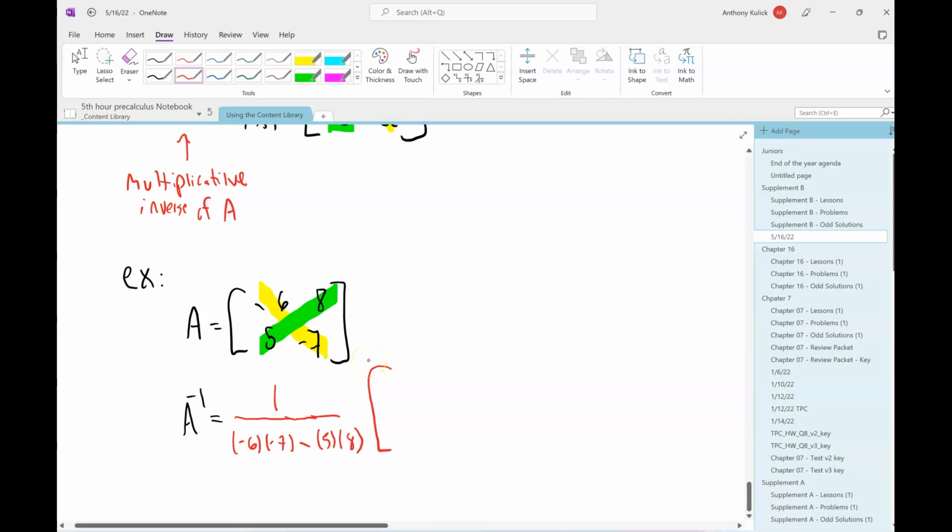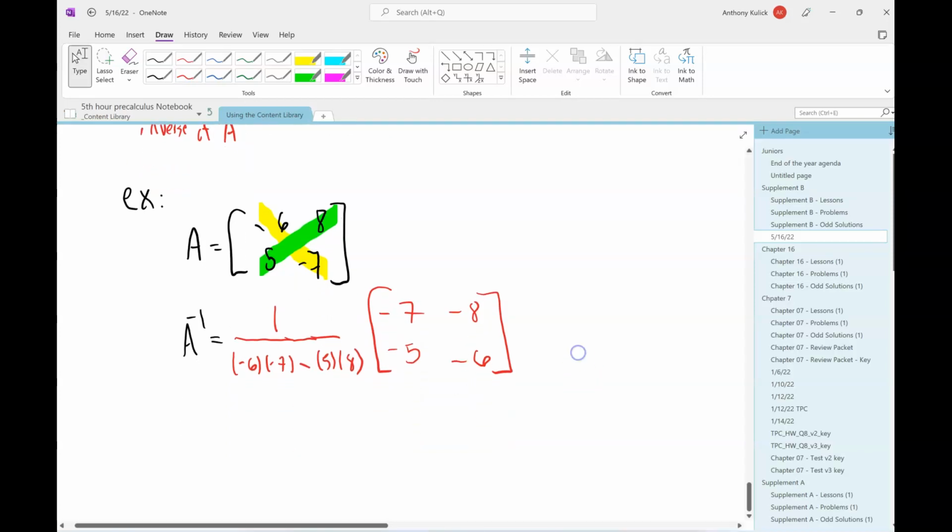Remember, we swap the entries along the main diagonal, and then we negate the other entries. When I say negate, I really mean switch the sign, right? So if this was a -8, it would become +8. If it was negative, it would then turn positive.